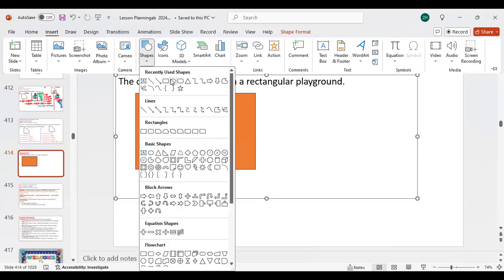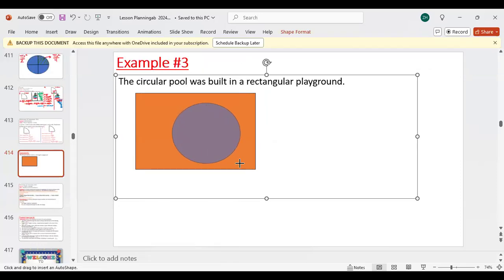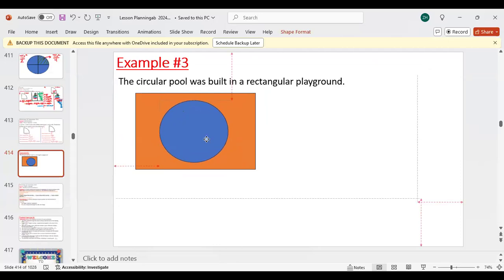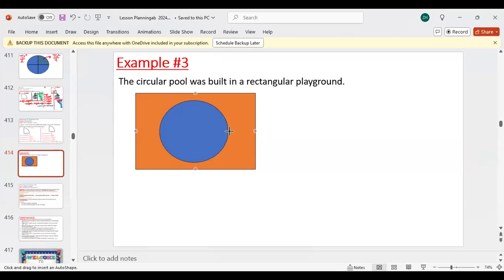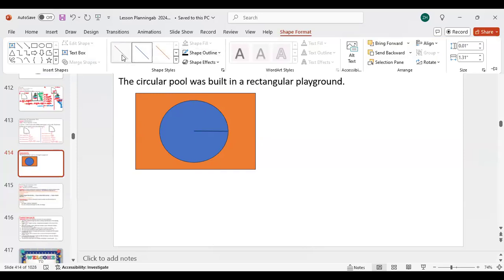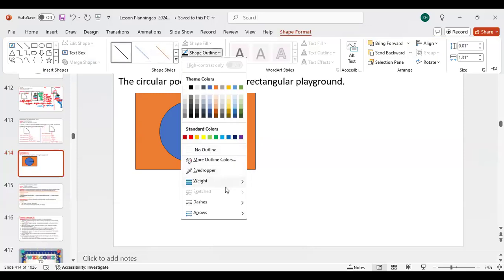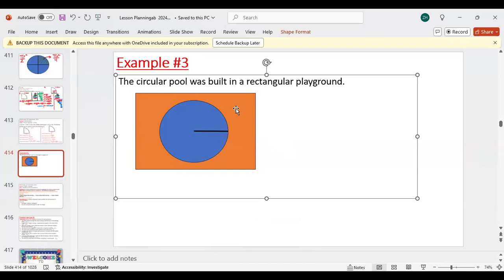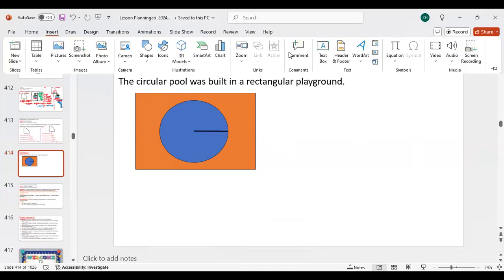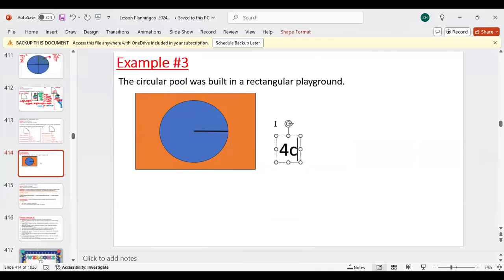And inside of it we have a circular pool. So the playground is the rectangle and the blue circle is the pool. Let's put a number on this: it's 4 centimeters.